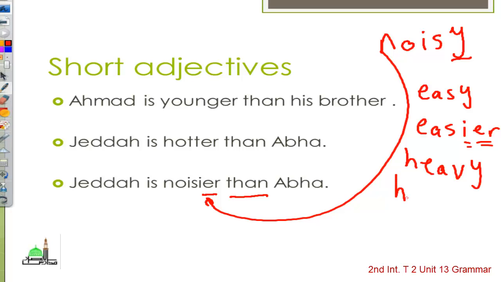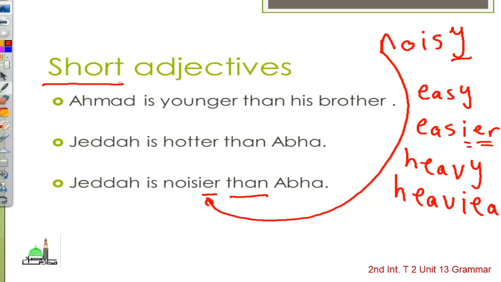To use in comparison, heavier, H-E-A-V-I-E-R. Now, we talked about short adjectives like tall, big, small, short, which have one syllable, like tall, short, big, small, easy.